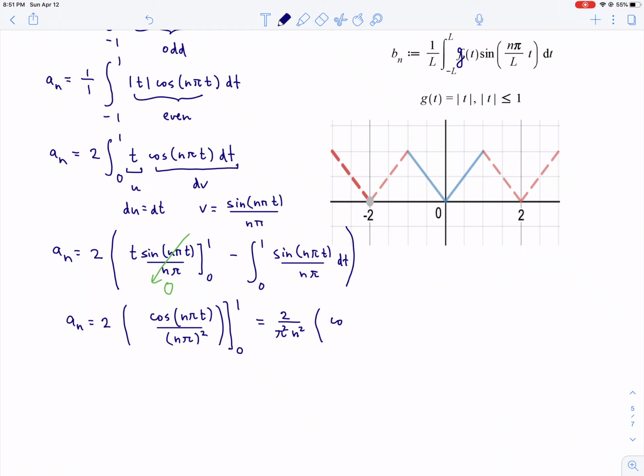Okay, so this is just cosine n pi at 1 minus cosine of 0, which is 1. Cosine n pi is minus 1 to the n. So what I'll get is, if n is even, I get 1 minus 1 is 0. If n is odd, the stuff inside the parentheses will be a minus 2. So we'll get a minus 4 over pi squared times 1 over n squared.